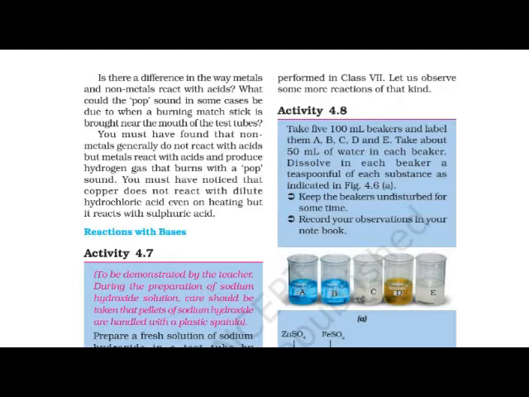Beaker A should contain copper sulfate plus zinc granule. Beaker B should contain copper sulfate plus iron nail. Beaker C should contain zinc sulfate plus copper turnings. Beaker D should contain iron sulfate plus copper turnings. Beaker E should contain zinc sulfate plus iron nail.